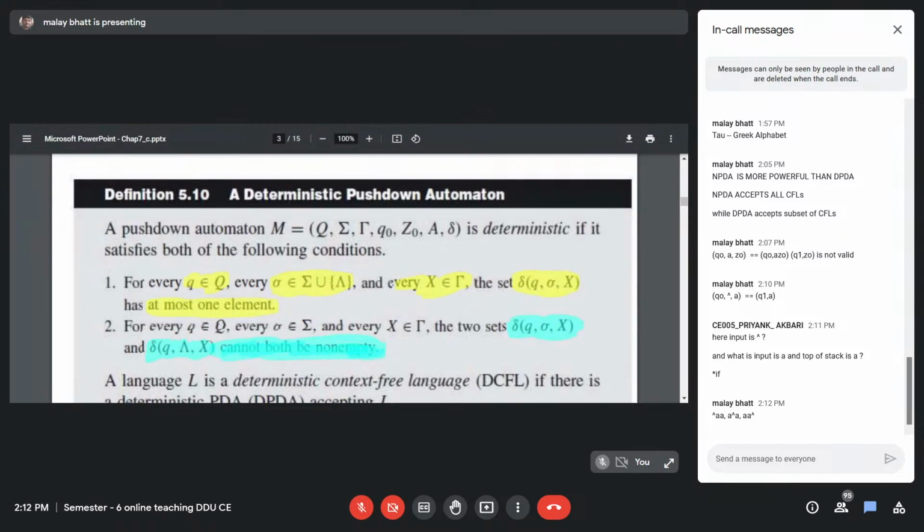So basically what it tells is that once you have input as null, you have to find input null from the rule, extract the state and the top of the stack.